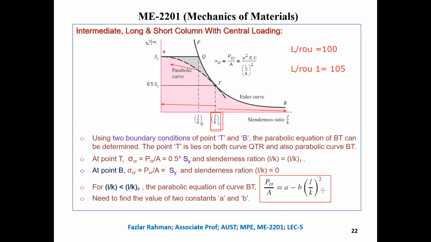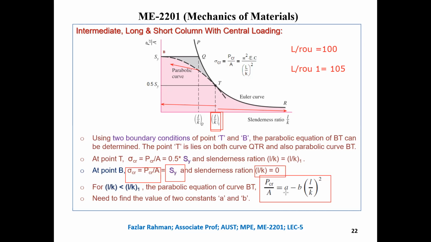We have two boundary conditions. Like at point B, sigma critical equal to P critical by A equal to SY, then L by K equal to 0. So you put L by K equal to 0, and sigma critical, P critical by A equal to SY.